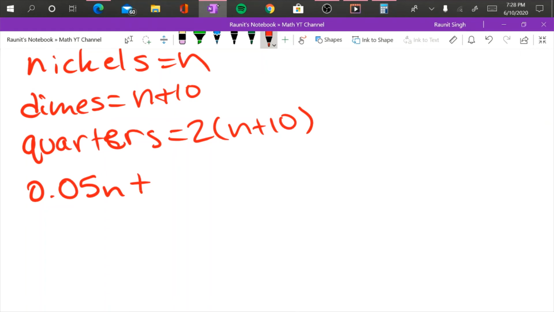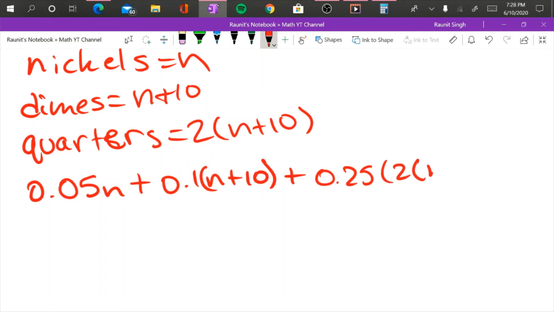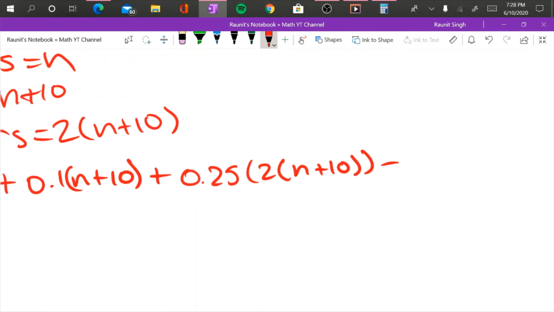And then we're going to have 0.1 times n plus 10, plus 0.25 times 2 times n plus 10, which is equal to 15.75.